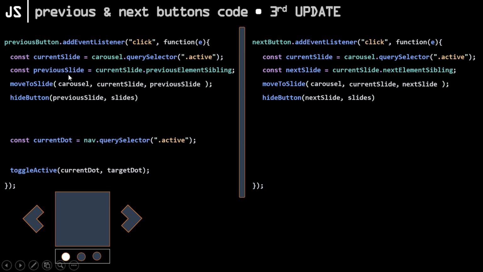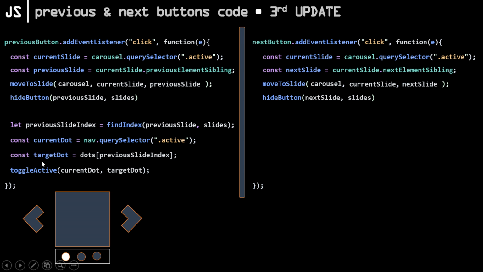I already selected the previous slide using the previous element sibling property, so I will create a new variable called previous slide index, and then use my find index function on the previous slide inside my slides array. So this way I will know the index of my previous slide. Now to select the target dot, I will create a constant target dot equals the dots array with index previous slide index.